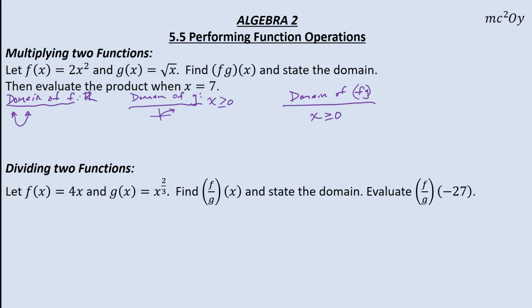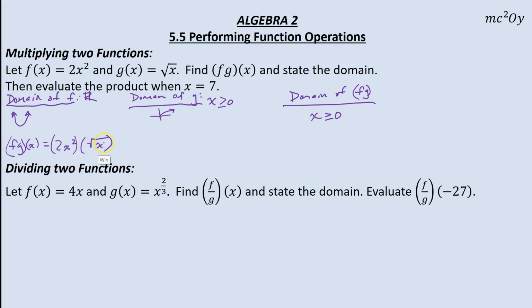All right, so let's go ahead and test it out and see what we end up getting when we multiply them. So multiplying these out, that's going to be 2x squared. That's f times g, which is square root of x.